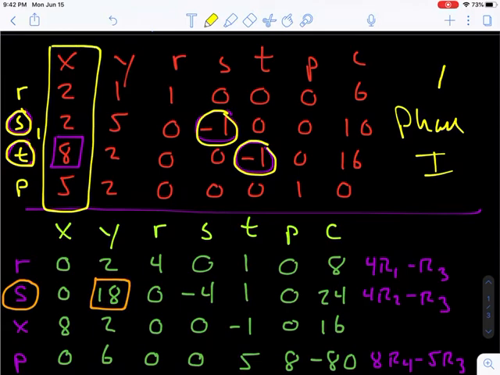And then we just look at the ratios. Take the ratio of 6 to 2, 10 to 2, which is 5, and then 16 to 8. And so 8 ends up being our pivot because 16 divided by 8 is 2, which is the smallest ratio.